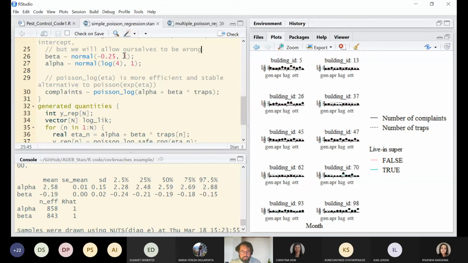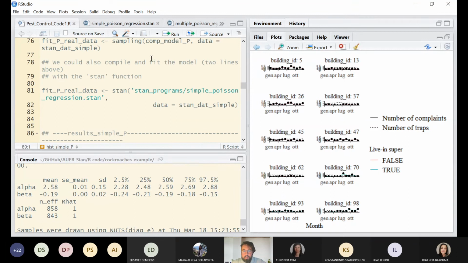In this case, I have no exact reason to give this kind of mean. But in the mean of the prior, I can translate the idea that I expect a negative beta, because I can expect a negative association between the number of traps and the number of complaints.